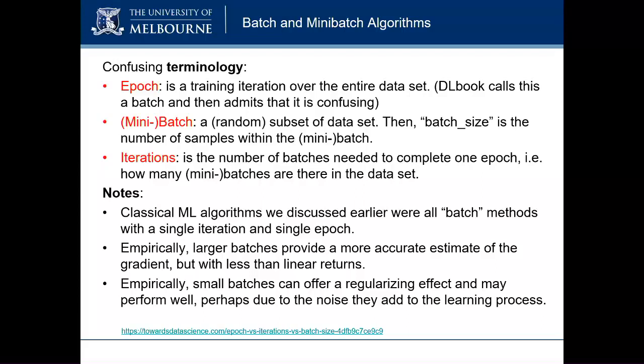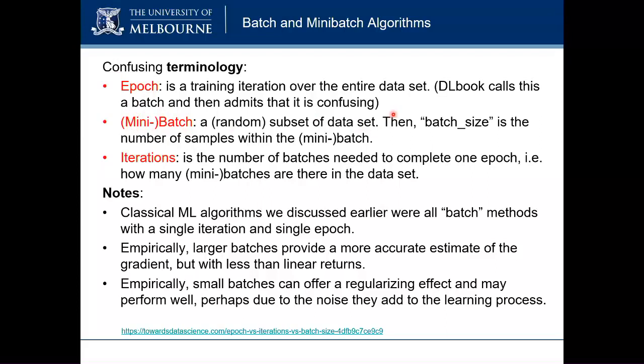In neural network training, the deep learning book still calls this a batch, and then admits that it's confusing. In the practical methods, everywhere on the web, people call it an epoch. So if you go through the entire data set once, that's an epoch, right? And the classical name for it is a batch. Therefore, because the classical name was a batch, a mini batch is a random subset of the data set.